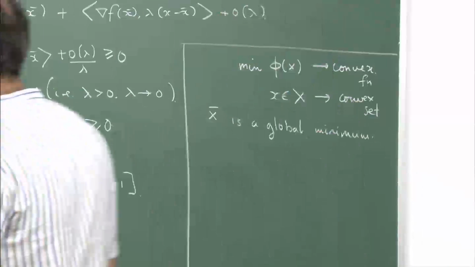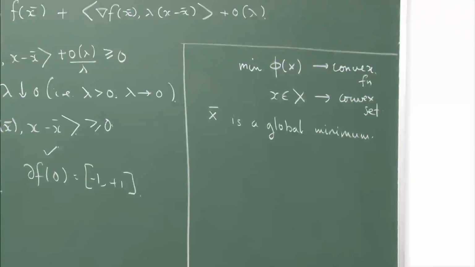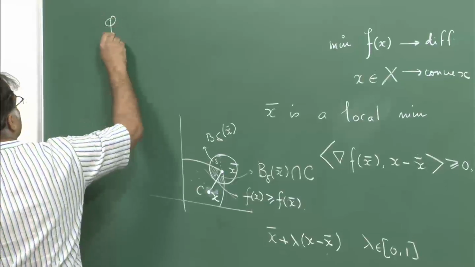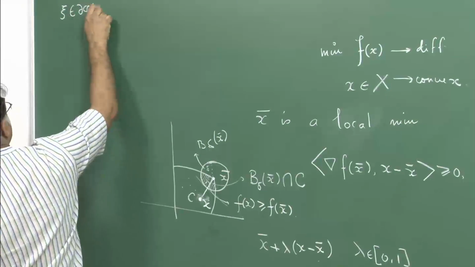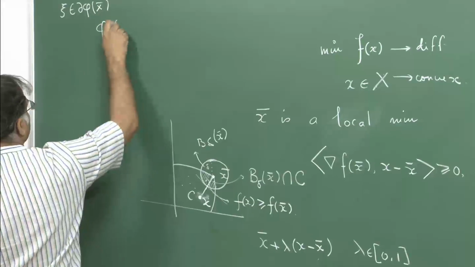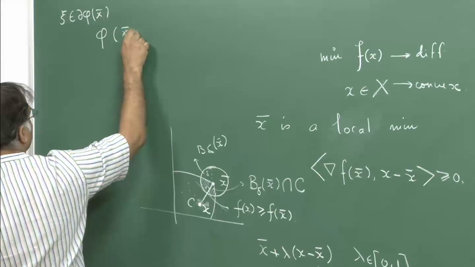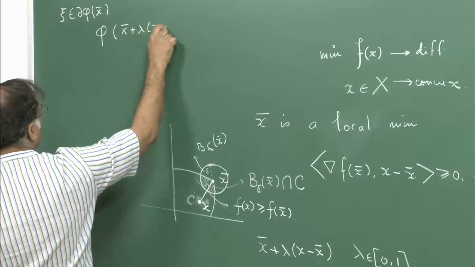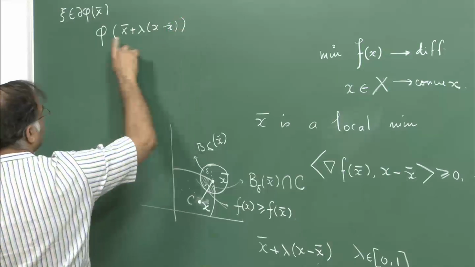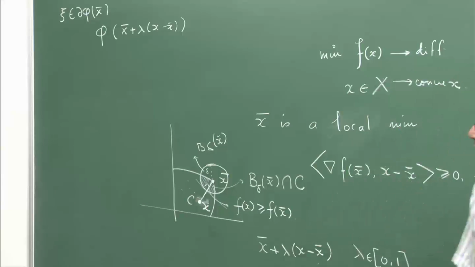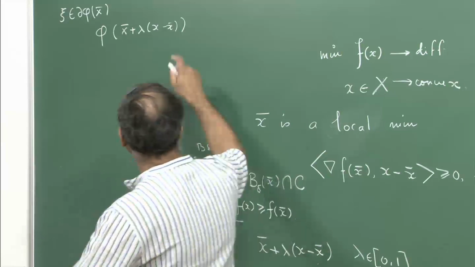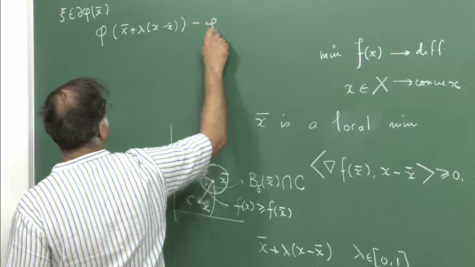Let us just take the definition of a subgradient of a convex function phi. So, if xi is in del phi of x bar, then let us see what happens if I take x bar and a point x from X and construct a point which still lies in X by virtue of X being a convex set, and then try to write down the definition of the subgradient.